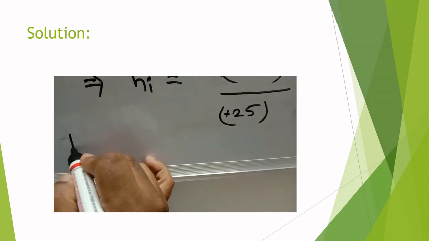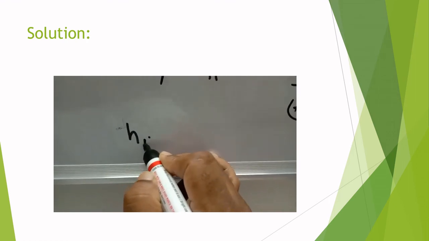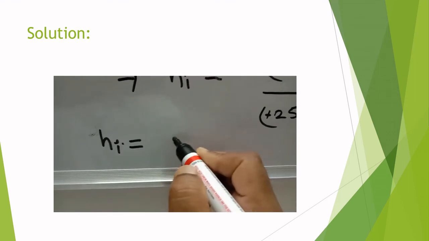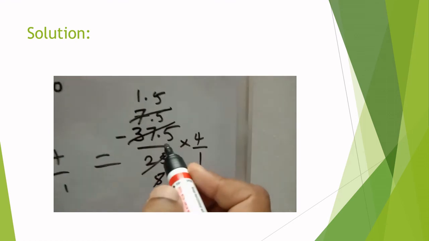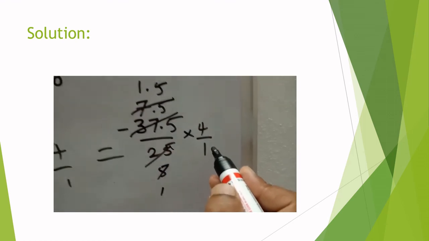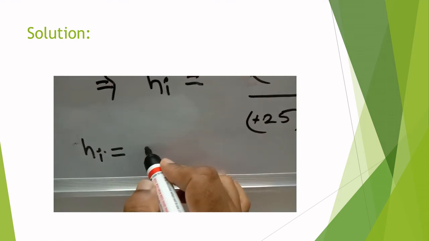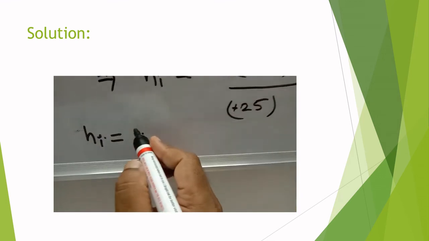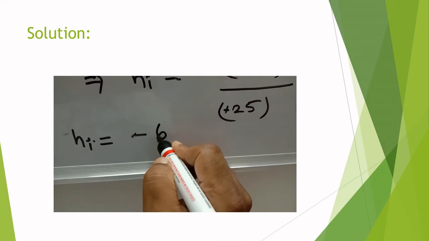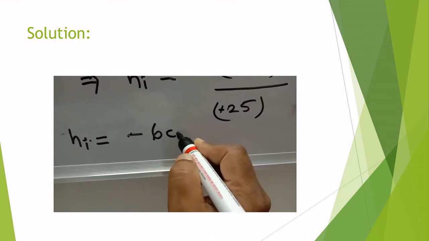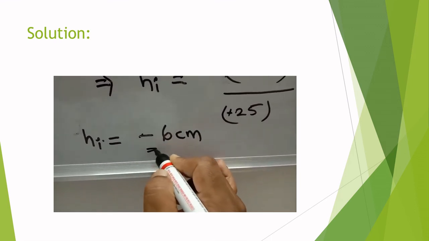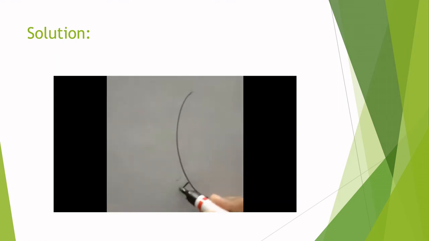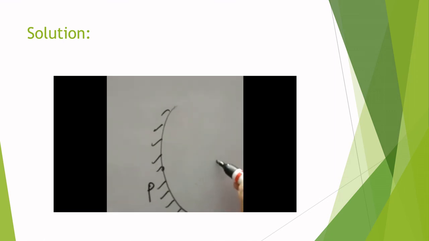So hi is equal to 1.5 into 4, so 6, minus is there, so minus 6 centimeters. So this is the height of the image. Object height is 4 centimeters, but height of the image is 6 centimeters. So the image height is greater than the object height.